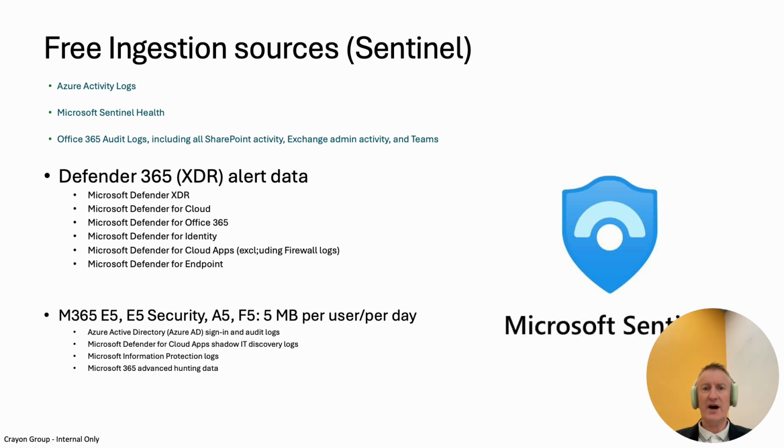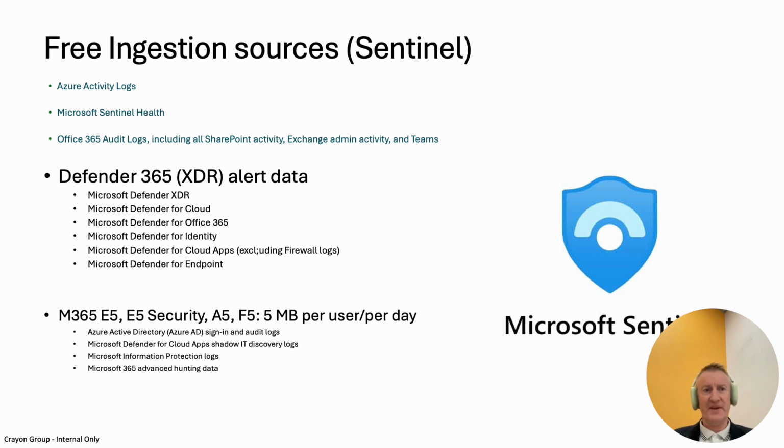And then if you are running M365 E5, or E5 Security, or the education version, which is A5, or, if your users have a mobile device, the F5 license, which allows for 5 megabytes of log data per user per day from the devices that they're using, which can really help keep the cost down of deploying Sentinel in that case.